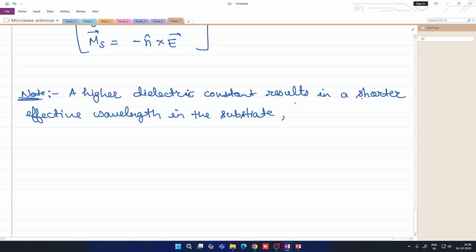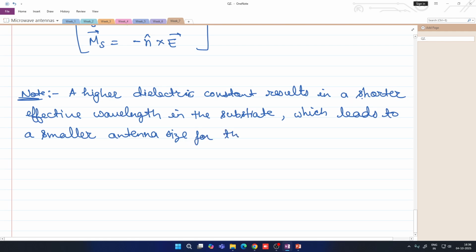So a higher dielectric constant results in a shorter effective wavelength in the substrate, which leads to a smaller antenna size for the same resonant frequency.